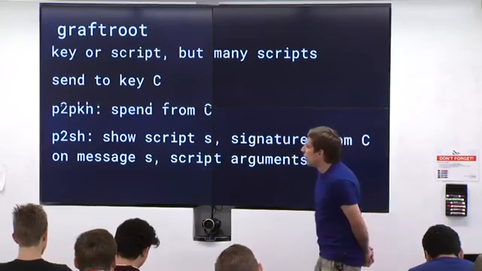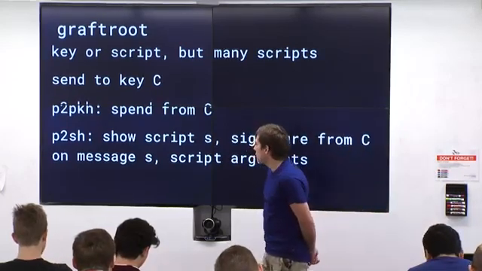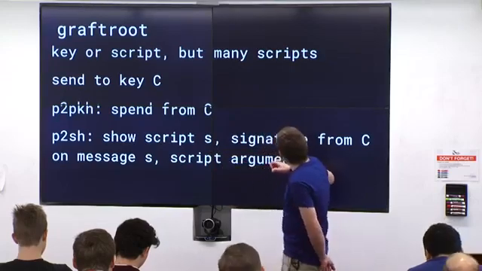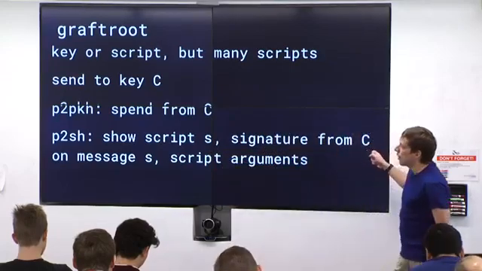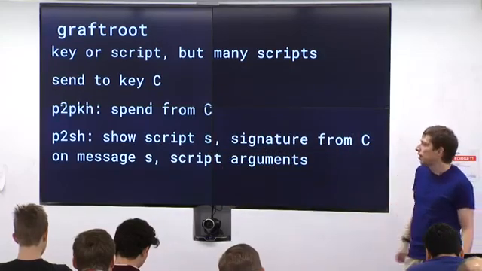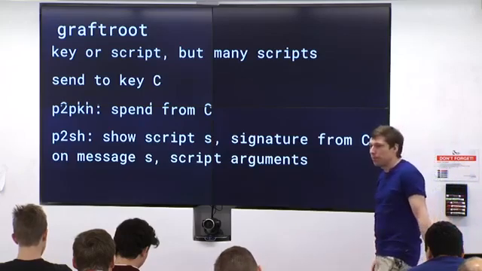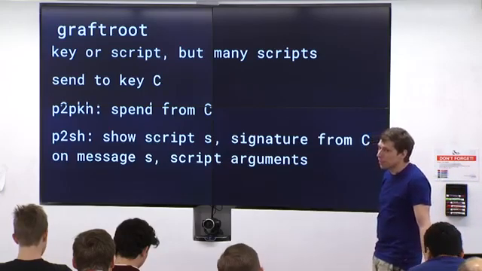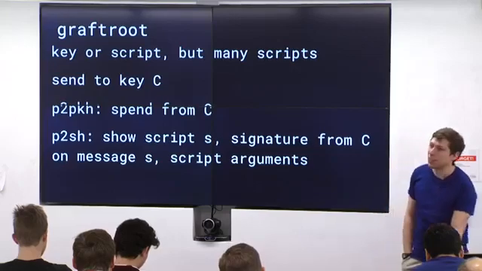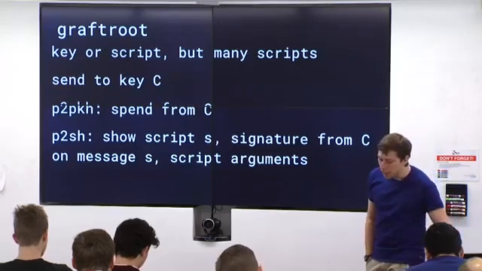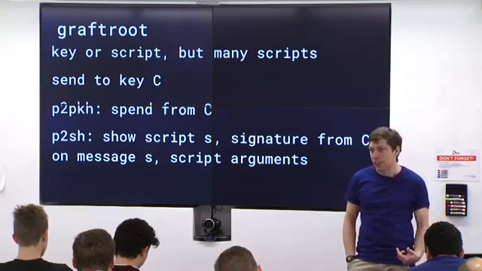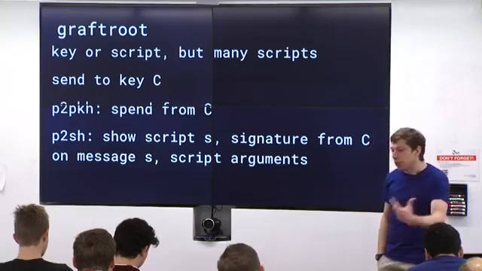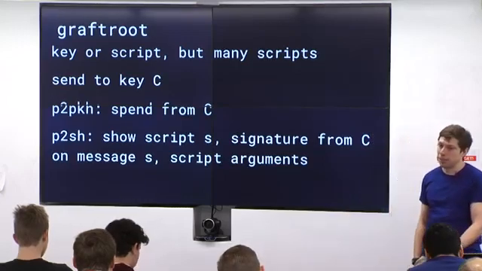That's the easy one. The script version is I show a script S and a signature from key C on the message S, and then I execute that script. So this is kind of cool, right? You say, look, I'm sending to a key, and either that key itself signs, or that key endorses a script to be executed.